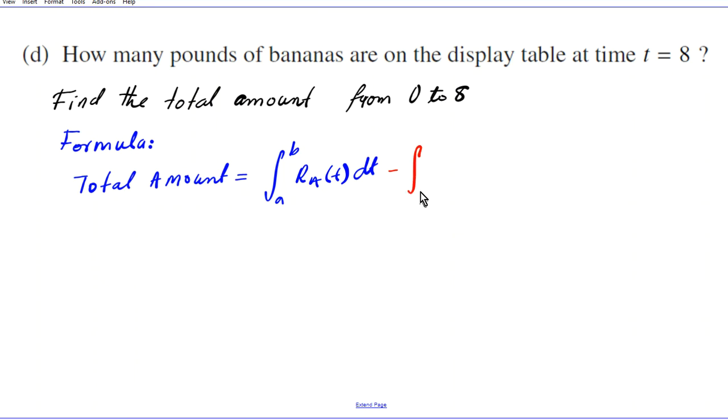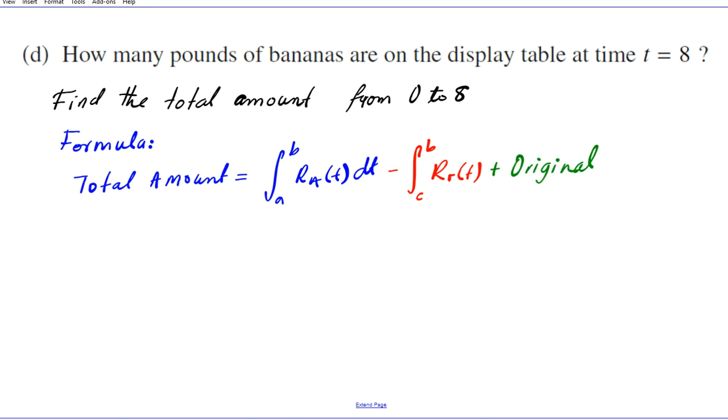Instead of a to b, let's go from c to b because we're starting from a different time frame. So c to b of the rate of removal with respect to time, and do not forget your original amount.